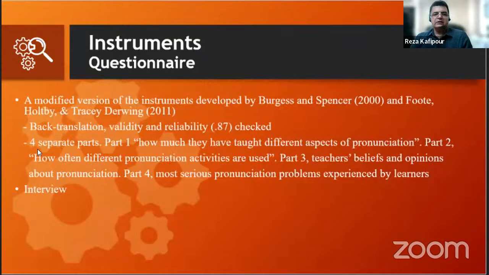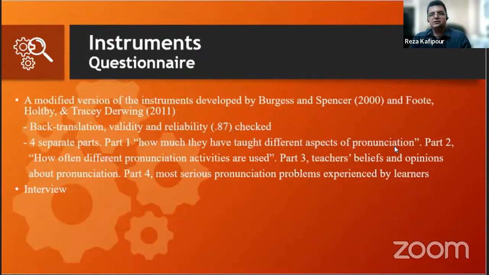So this questionnaire has 4 separate parts. Part 1, how much they have taught different aspects of pronunciation. So part 1 of the questionnaire tried to answer this question: how much the instructors or teachers have taught different aspects of pronunciation.